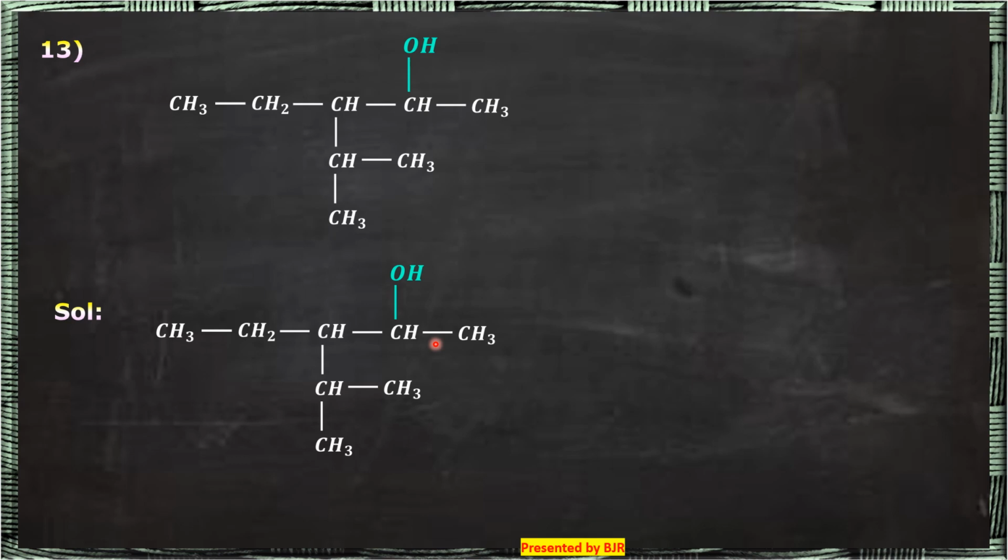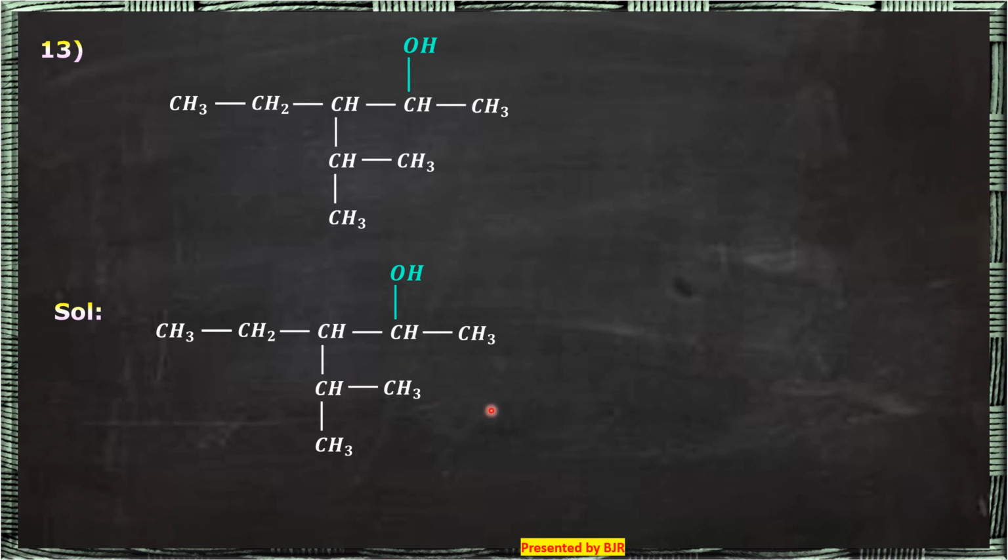In such a case, we have to select the parent chain in such a way that it contains the maximum number of side chains. Suppose I select this one as the parent chain, apart from the functional group, only one side chain is there. Instead, if we select this as the parent chain, apart from the functional group, 2 side chains are attached.